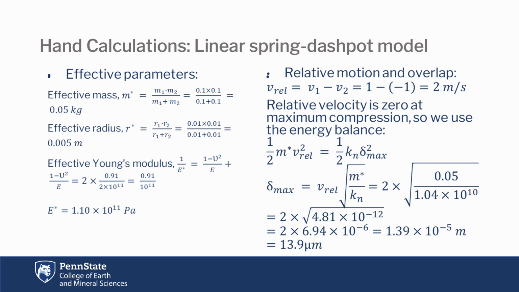Given those values from the previous slide, we can calculate our effective mass, which is 0.05 kilogram, the effective radius at 0.005 meters, and the effective Young's modulus, which is 110 gigapascal, or 1.10 times 10^11 pascal. And then the relative motion, the relative velocity, and the overlap.